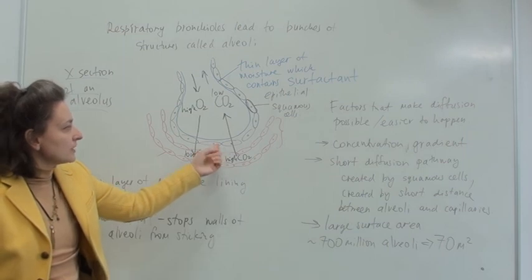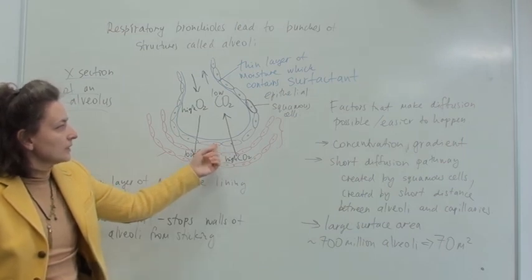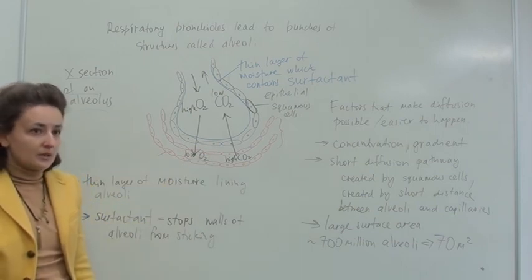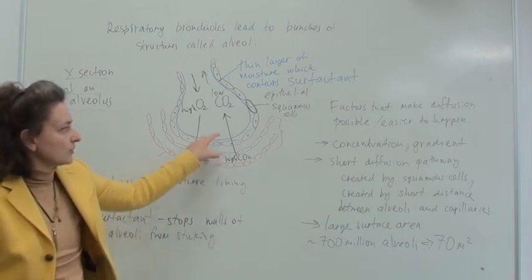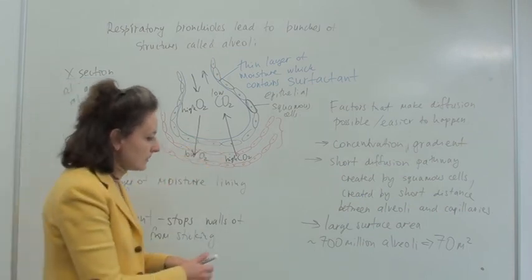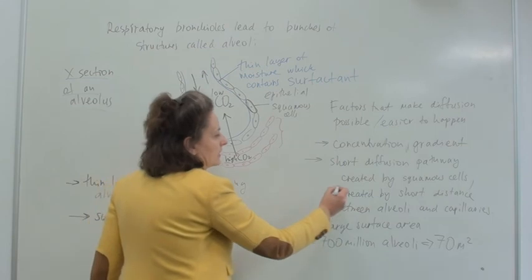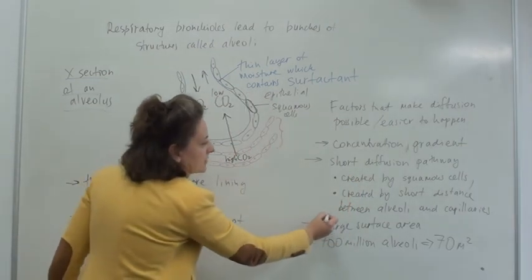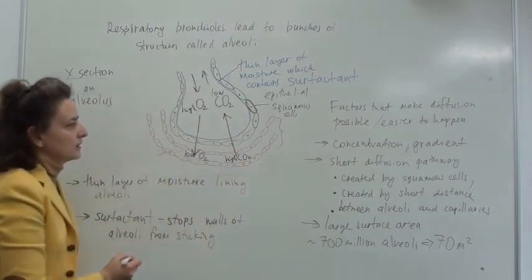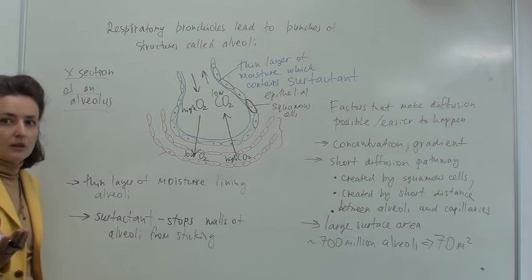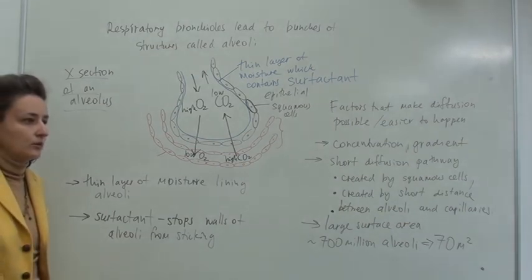So you also have a single layer of cells in the alveolus and also in the wall of a capillary. If I had multiple layers of cells, can you see that would have created a wider pathway. So if you have a bit of space left, and you can find a way of adding one more feature here to go with short diffusion pathway, it will be single layer walls of alveolus and capillary.